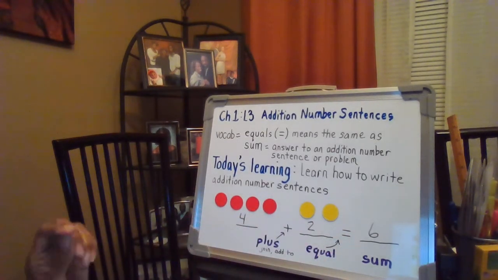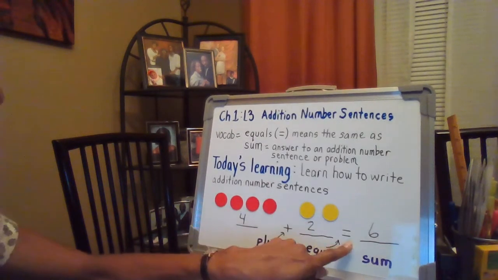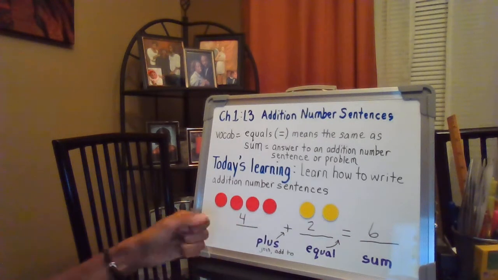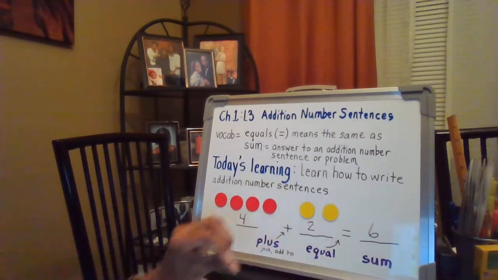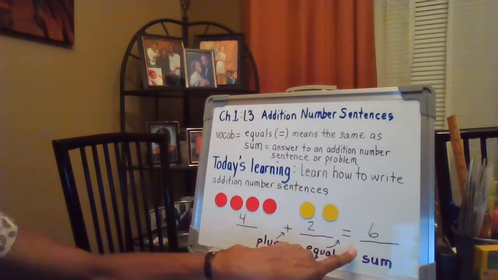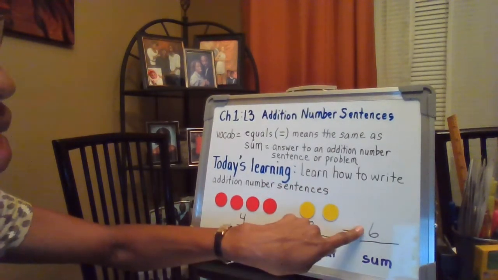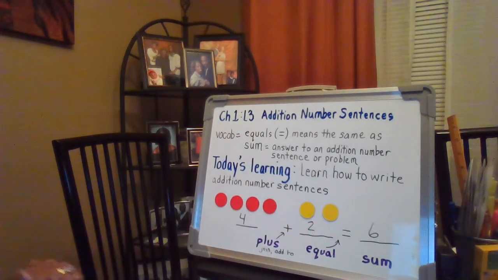In order to have an addition number sentence, you need to have a plus sign, you need to have an equal sign, and the two numbers that you are joining together, because the plus symbol means to add to or to join. And the 6 is the answer or the sum of this addition number sentence or the addition problem.